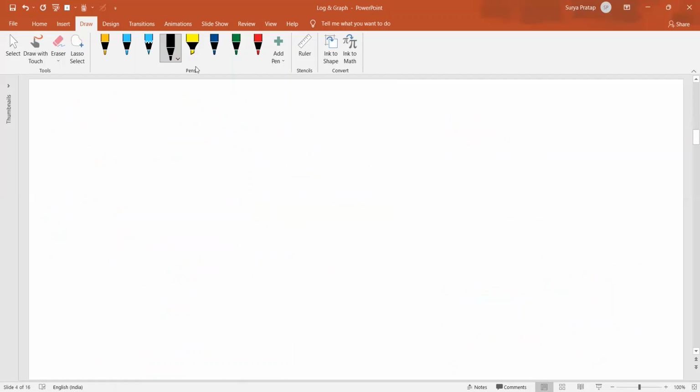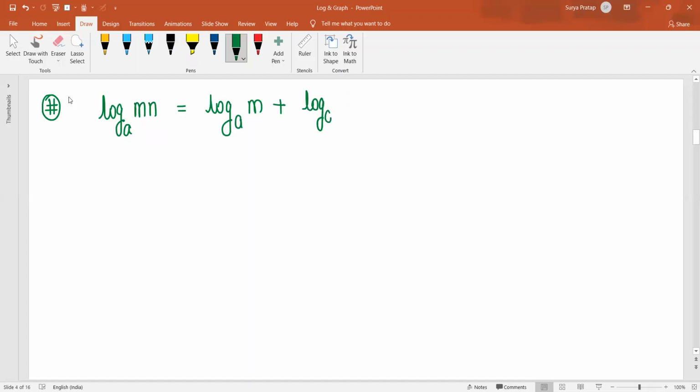Now, let's come to other formulas associated with the log. The first one: if anything is written as log with any base, let me suppose a, and there are two terms m and n, I can write this as log base a of m plus log base a of n. Any base is possible here.